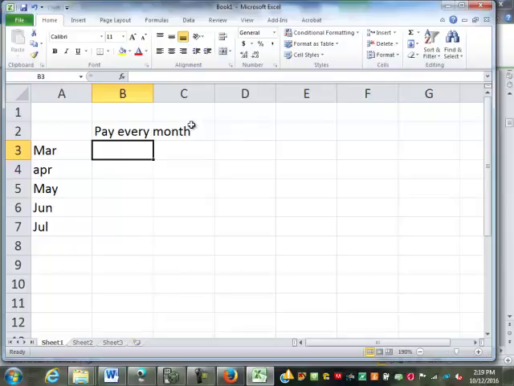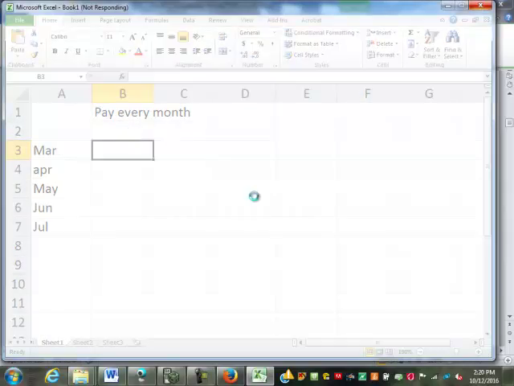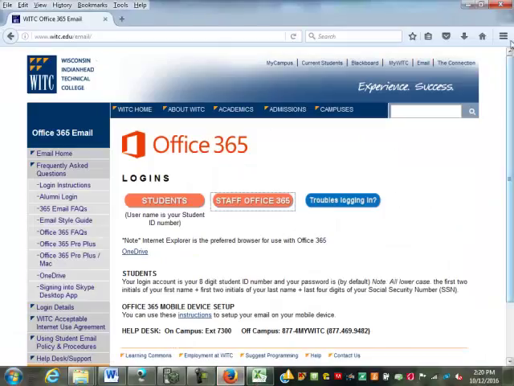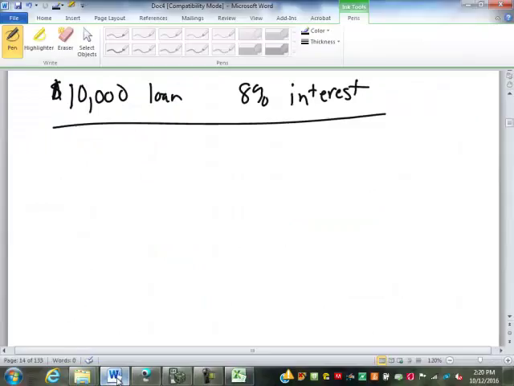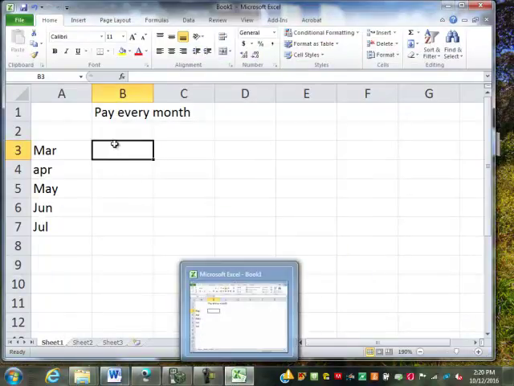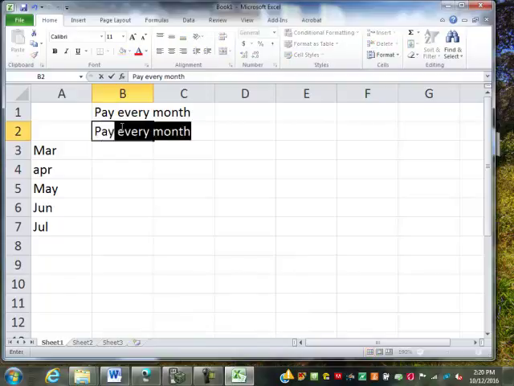So let's start out with what you pay every month. So we're going to have our payment and our balance.